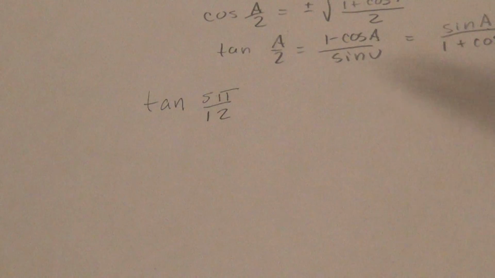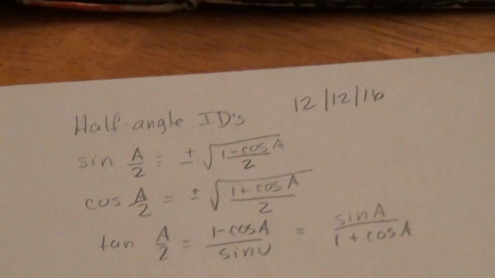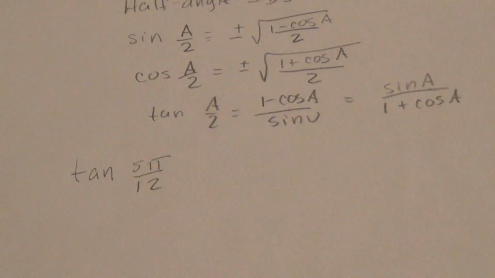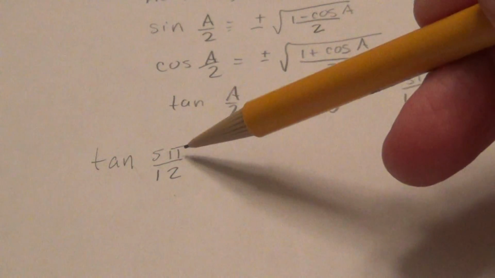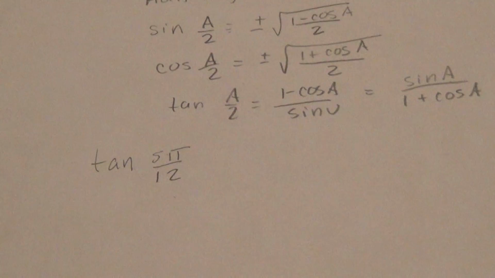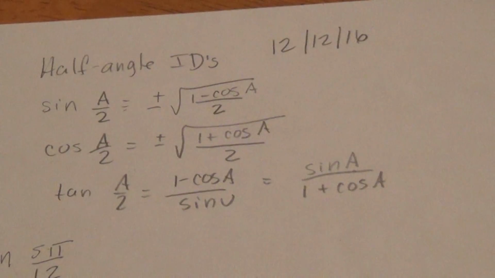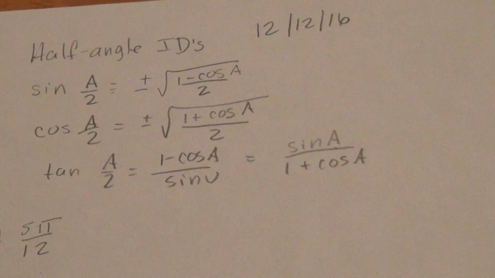All right, how do we recognize that this is a candidate for these formulas? We recognize it if we can double this and get a value that we do know from the unit circle. So I'll go over here on the side and take 5 pi over 12 and see if it is a candidate.